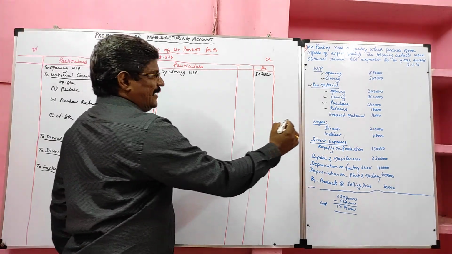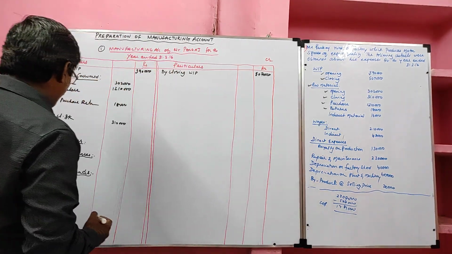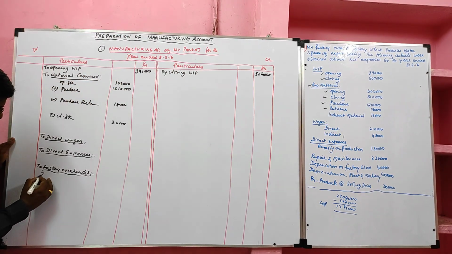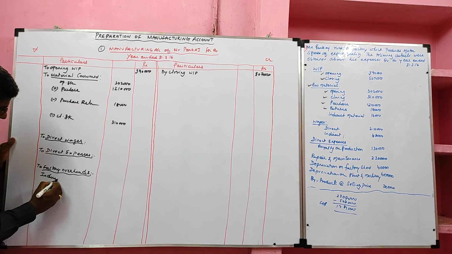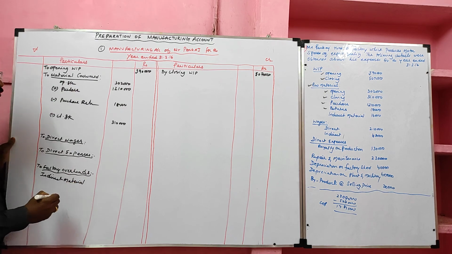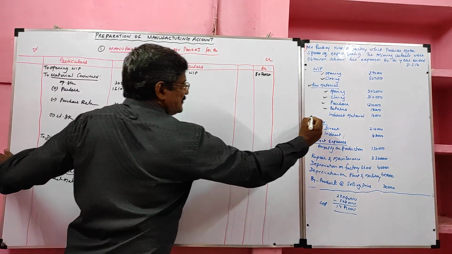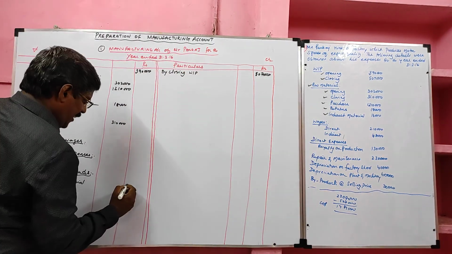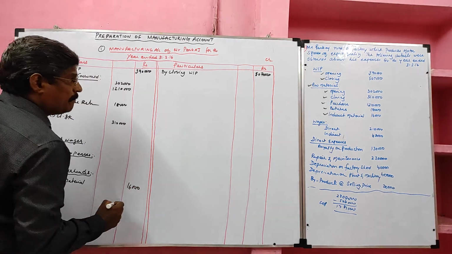Next, indirect material will be recorded in the factory overhead. The value is 16,000.